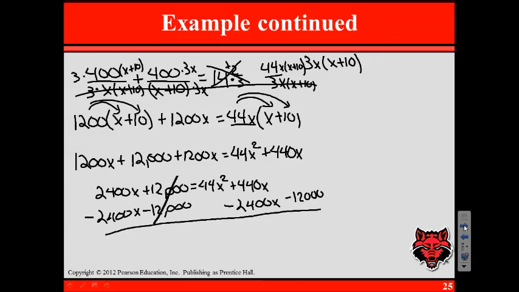When we do that, the 2400x and the 12,000 cancel on the left-hand side. On the right-hand side, we're left with 44x squared minus 1,960x minus 12,000. Let's take this equation in standard form to the next slide.